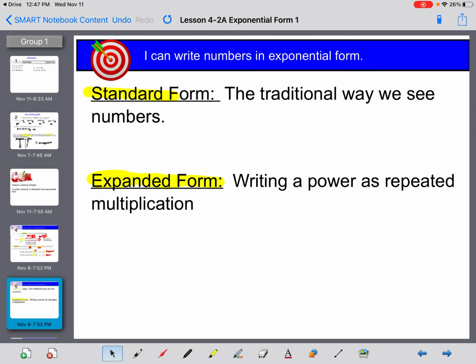Let's write down a couple vocabulary terms. Standard form. Standard form is the traditional way that we see numbers. For example, 2 to the third power is exponential form. 2 to the third power equals 8. 8 is standard form.